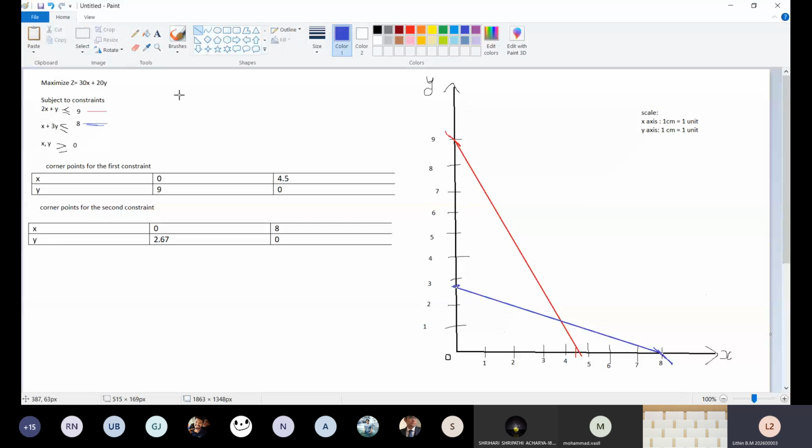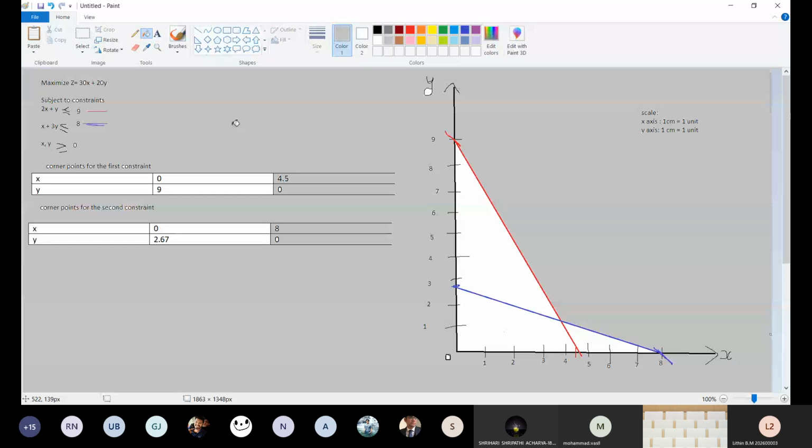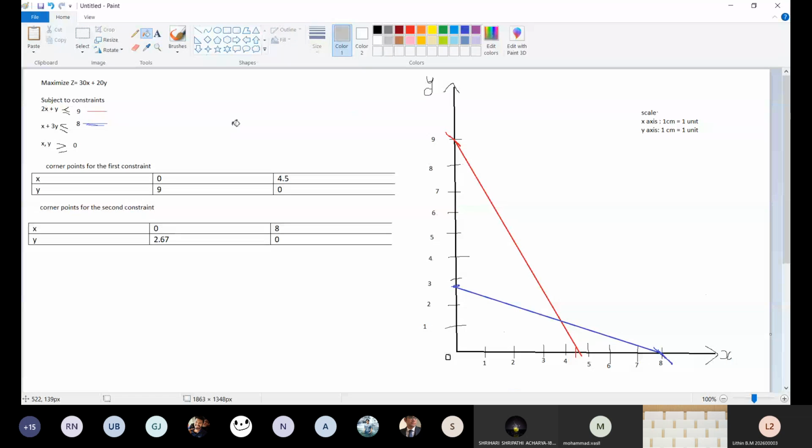So now, let me look at this particular region. You have understood the LP model so much more than what I actually know about it. So you tell me, by looking at this particular graph, does this particular region satisfy both the constraints?